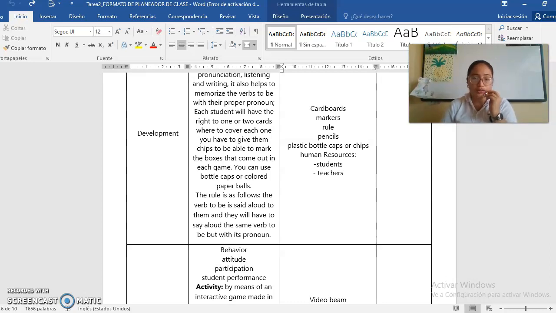You can use bottle caps or colored paper balls. The rule is as follows: the verb to be is said aloud to them, and they will have to say aloud the same verb to be with its pronouns. Resources: cardboard, marker, ruler, pencil, plastic bottle caps or chips, human resource, students and teacher.